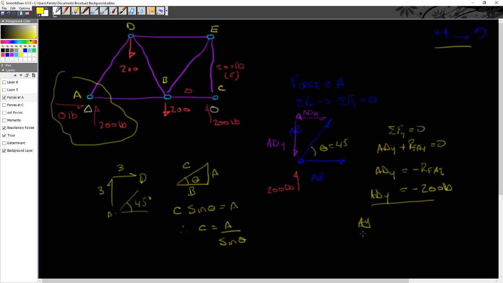So what I can say now is AD equals the ADY component divided by the sine of 45. Now, I wrote this as minus 200. What it means is it's 200 pounds going down. So then this means it's minus 200 pounds divided by the sine of 45, which is root 2 over 2.